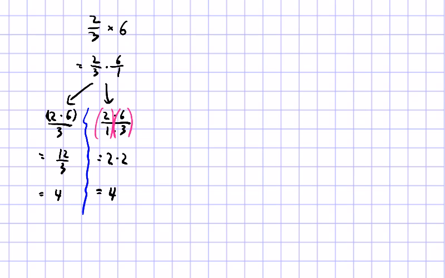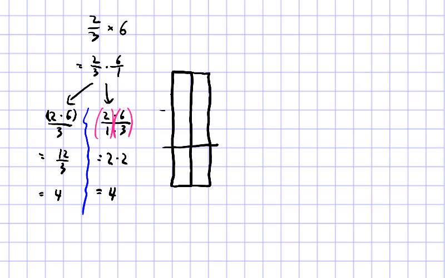But let's try to figure out what it means visually. So 2/3 of 6. Well, let's once again draw 6 blocks. 1, 2, 3, 4, 5, 6. Now, what does it mean to have 2/3? Well, we need to multiply by 2. So we have 2 sets of 6, and we need to divide those up into thirds.